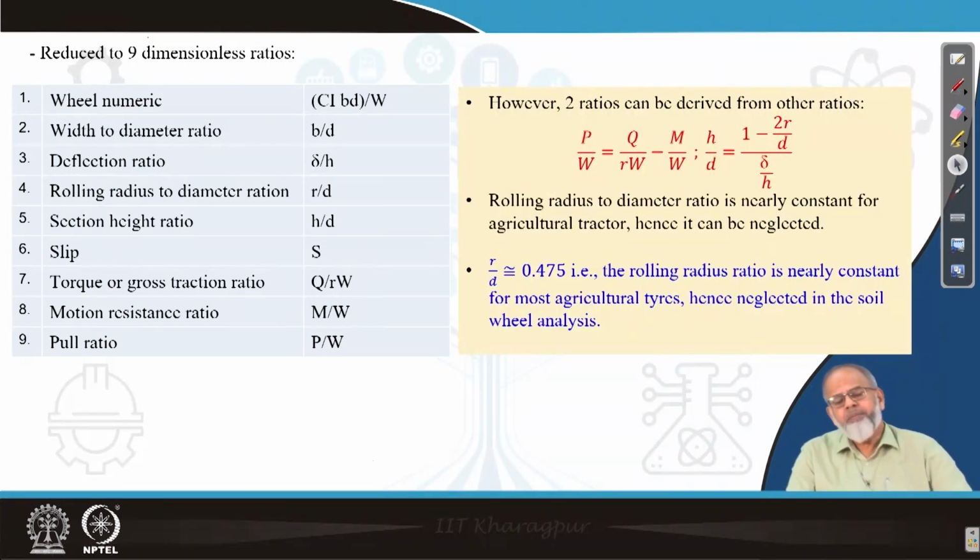Out of these 9 dimensionless ratio variables, he found 2 ratios which can be derived from other ratios.